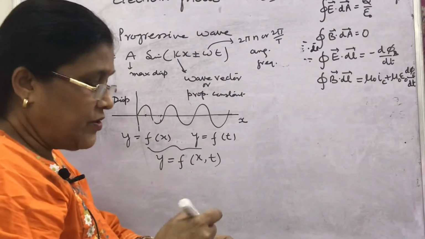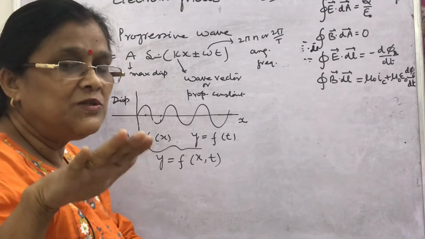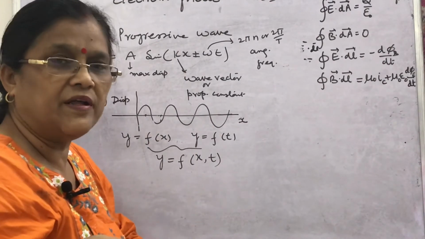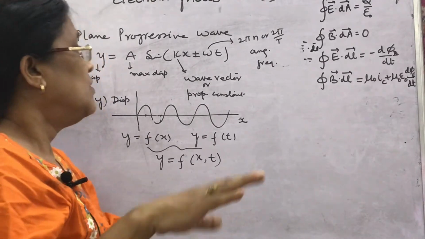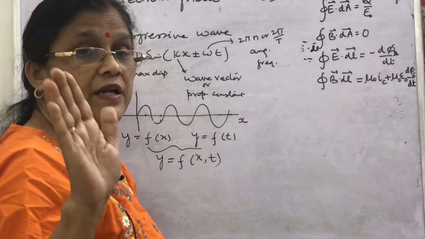Here we are talking about EM waves. In EM waves, who is oscillating? Electric field and magnetic field, perpendicular to each other. So what will you write for the mathematical expression for the electric field?